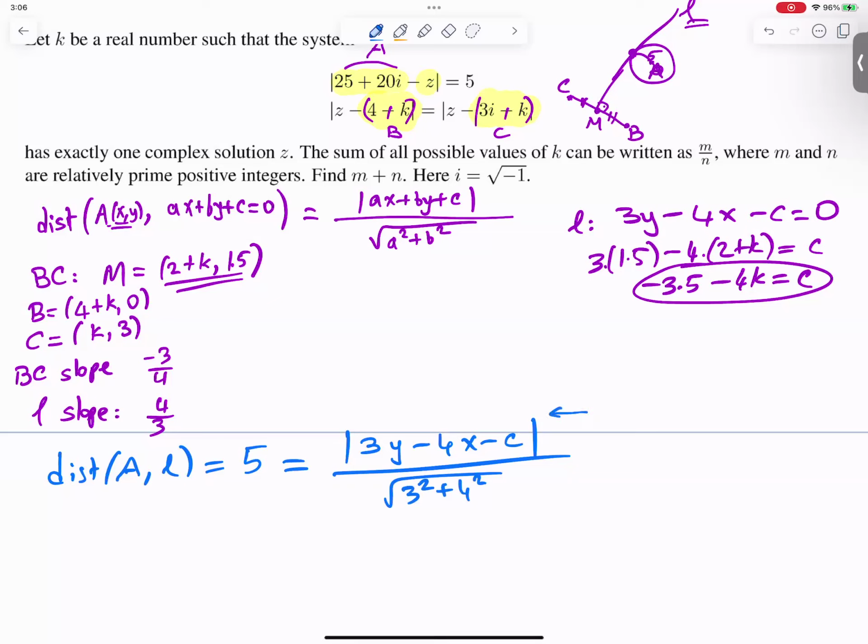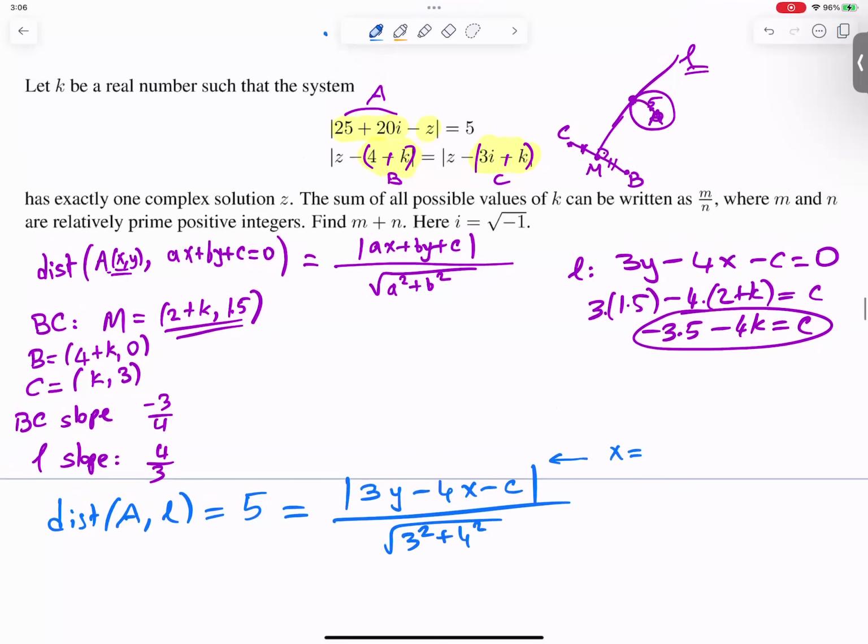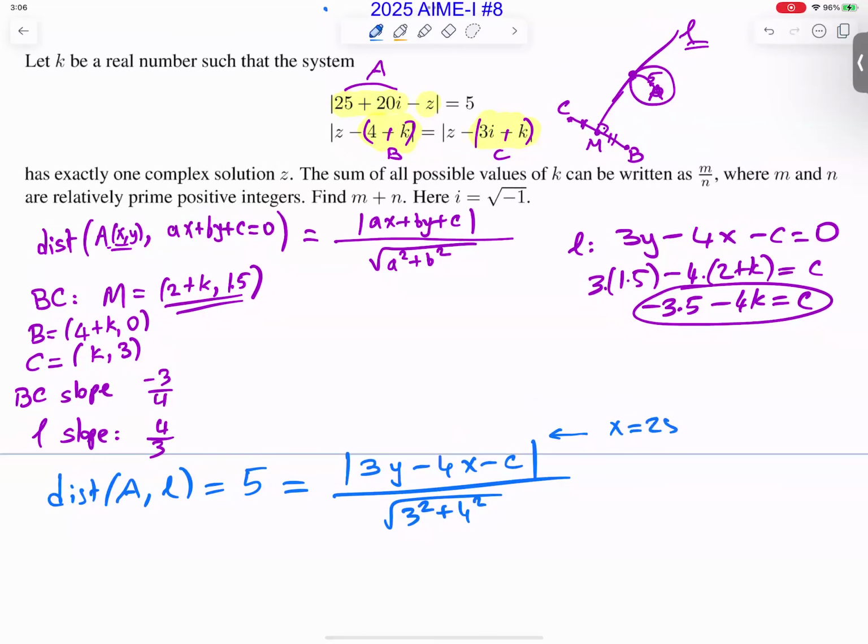And I need to plug in the coordinates of A, which are 25 and 20. So x is 25 here, y is 20 here.